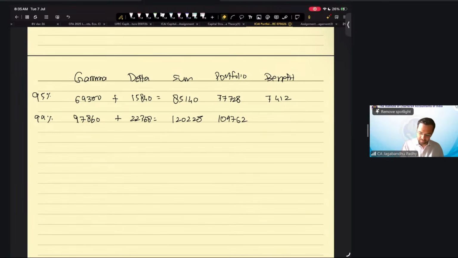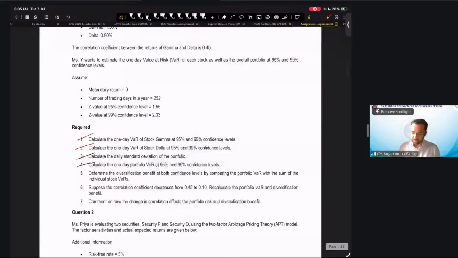And the diversification benefit is 1,20,228 minus 1,09,762, which is 10,466. These are the diversification benefits.